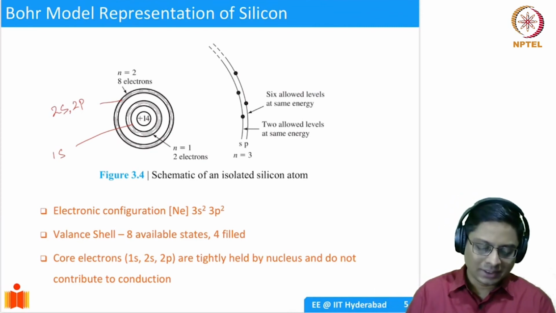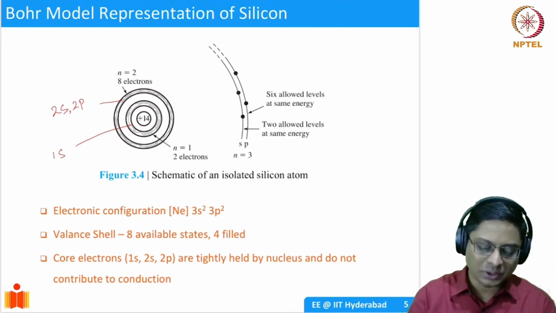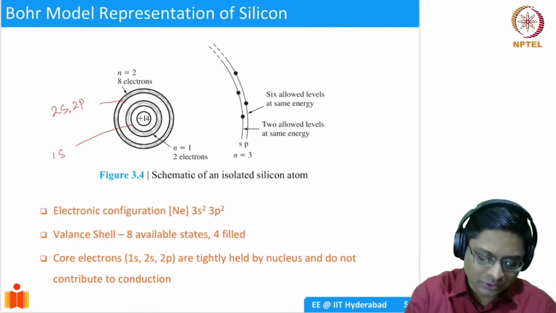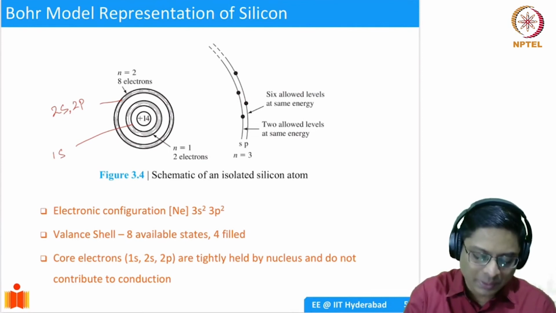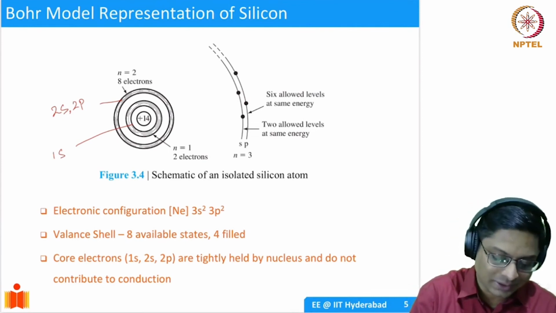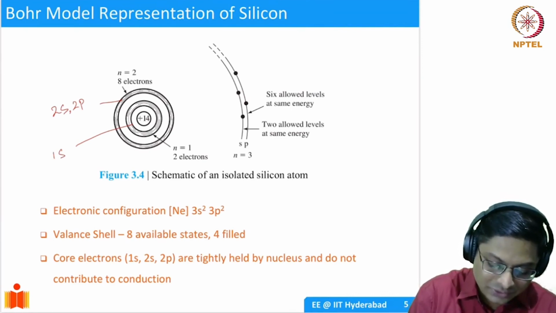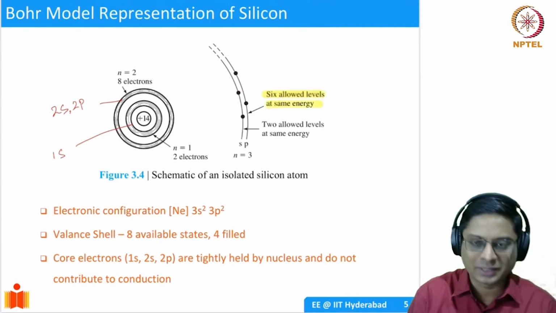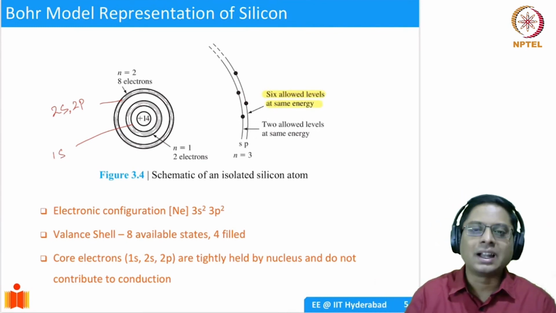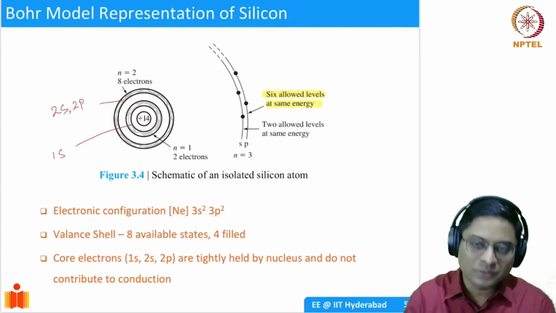And then you have the third shell, which is n equal to 3, where you have s and p orbitals. The s orbitals are filled up, 2 of them, but the p orbitals have 6 allowed states. This is important, this makes a big difference. So there are 6 allowed levels in the p orbital, because we have 3px, 3py, 3pz, and out of these only 2 are filled up.